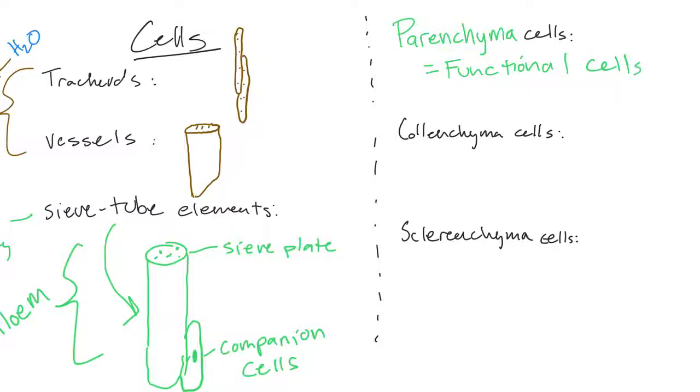So this is where a lot of chloroplasts are, so photosynthesis occurs here. And any other of the metabolic functions that the plant needs to stay alive occurs in the parenchymal cells.